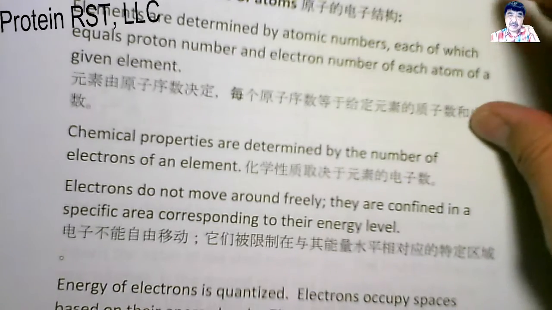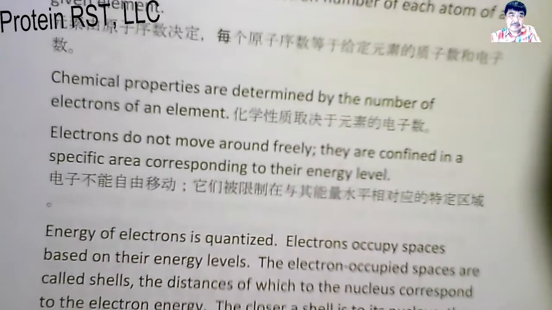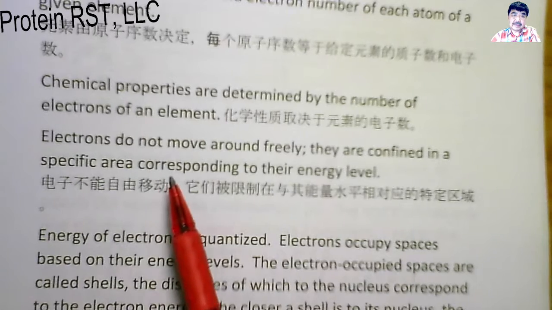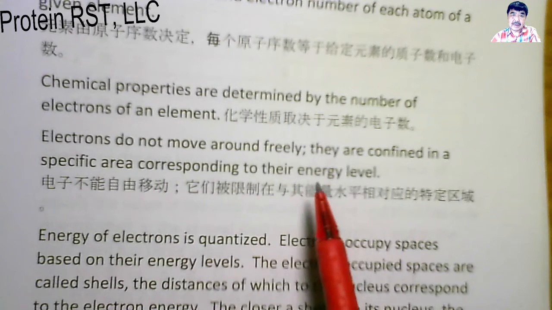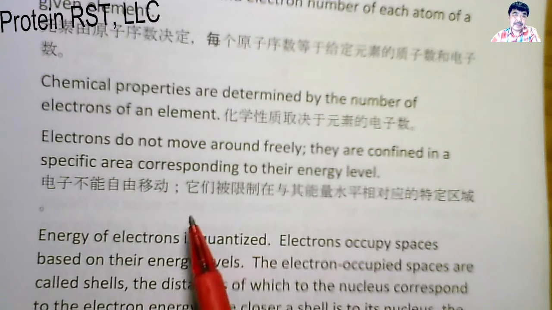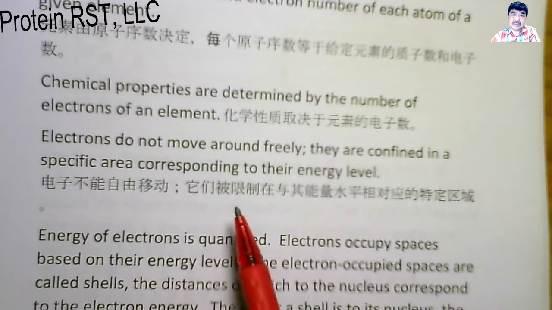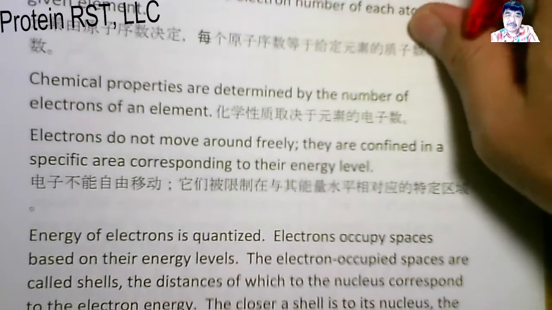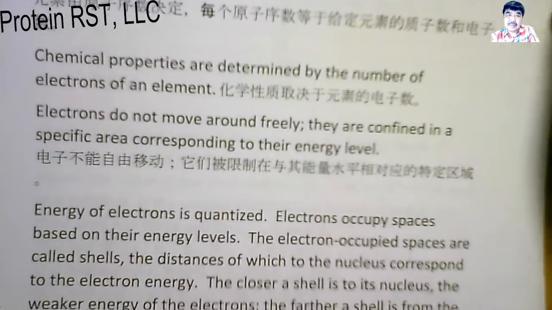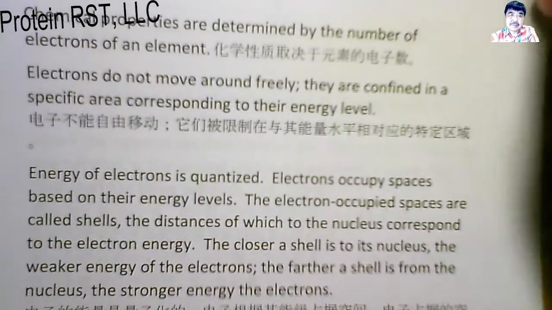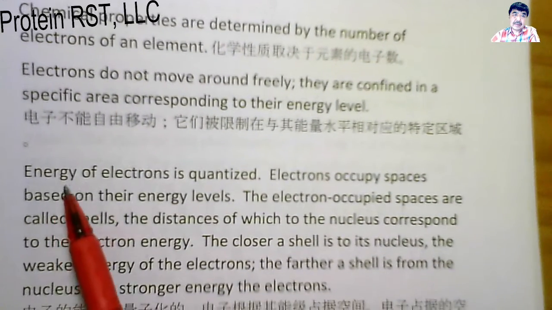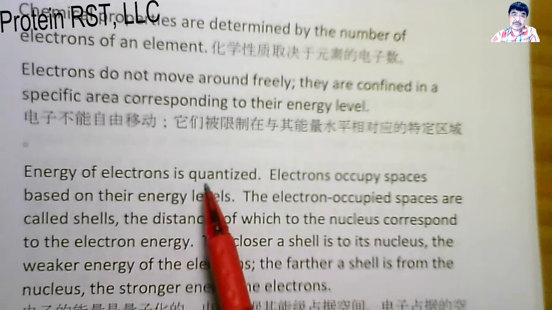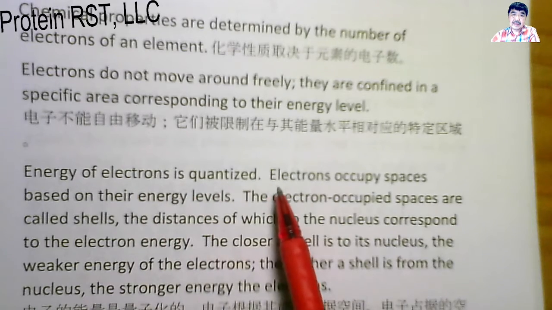They are confined in a specific area corresponding to their energy level. Energy of electrons is quantized.